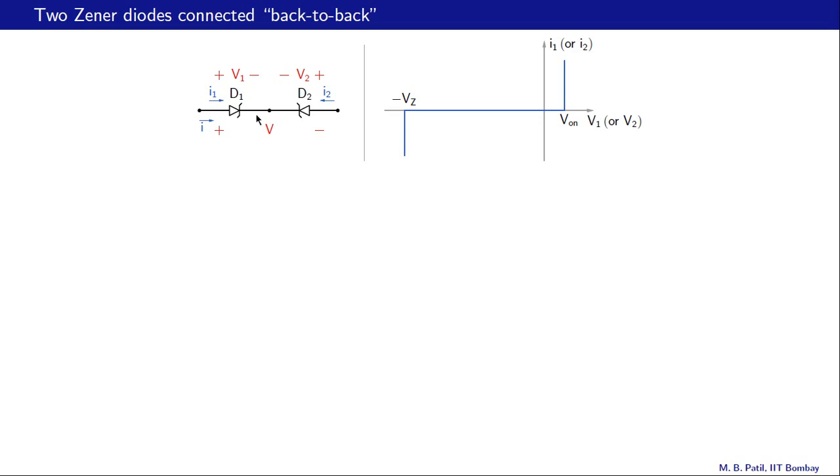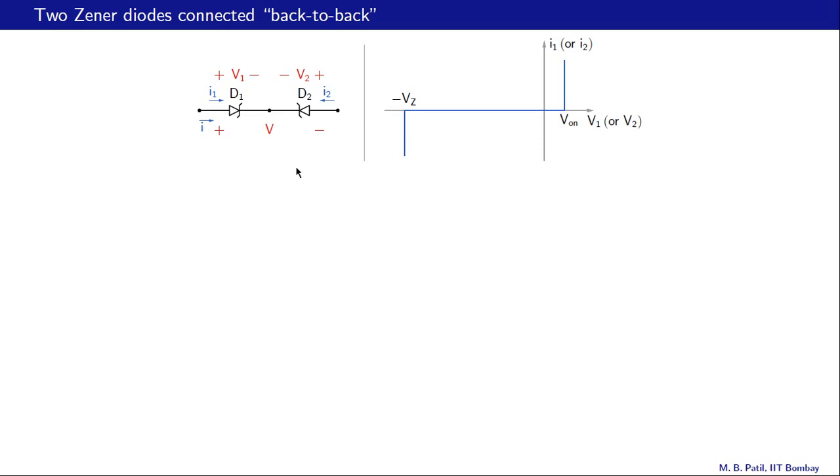So for this diode, we have a forward current of 1 milliamp. Let's say 1 milliamp is somewhere here, and we are on that curve, I1 versus V1. For D2, the reverse current is 1 milliamp, and so we are somewhere here, and it has a voltage drop of minus Vz across it.